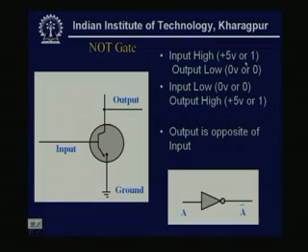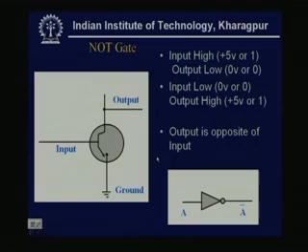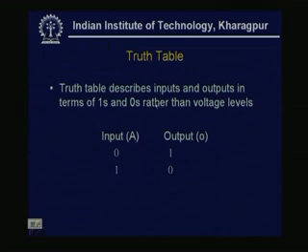Now, if I represent plus 5 volt as 1 and 0 volt as 0, then the way we represent this function, we call that the truth table. So, this describes input and output in terms of ones and zeros rather than voltage levels.